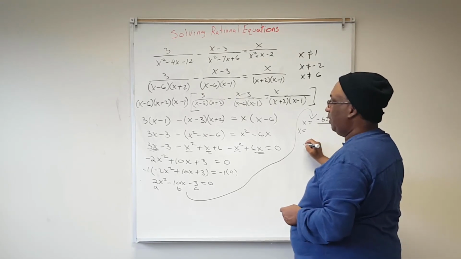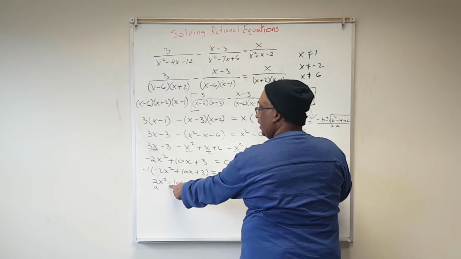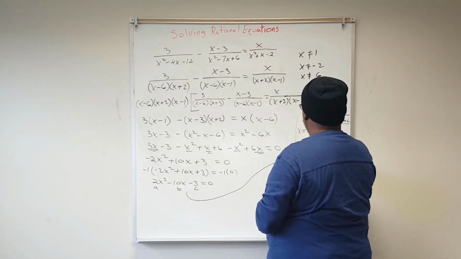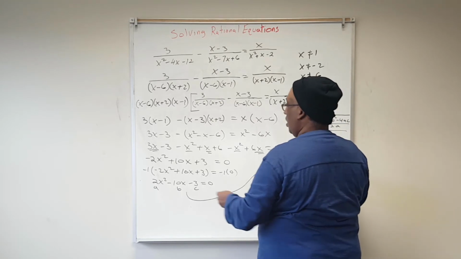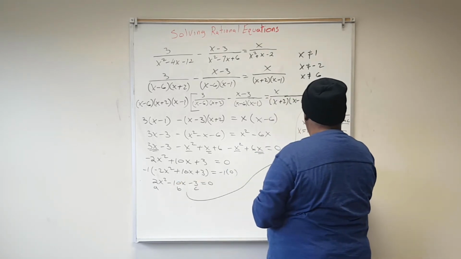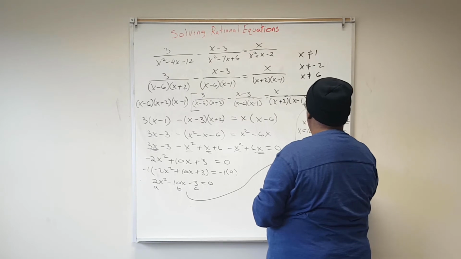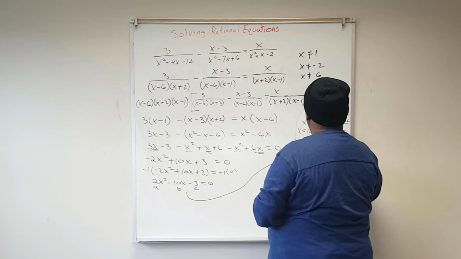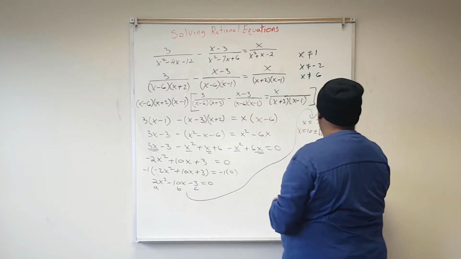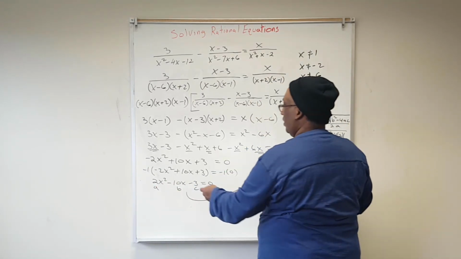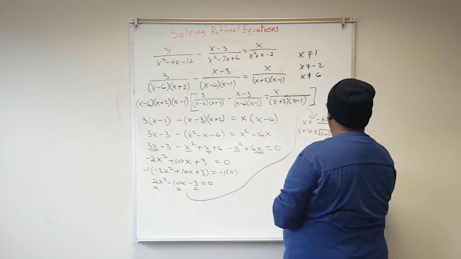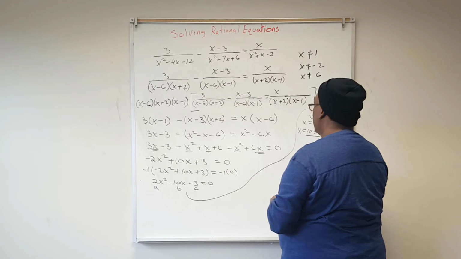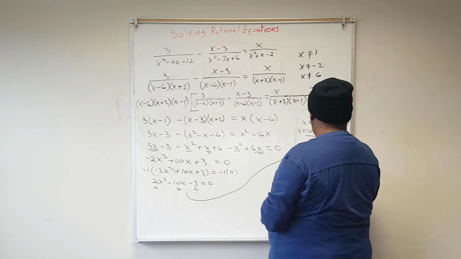So minus B is going to be a minus of negative 10, which is a positive 10, plus minus square root of negative 10 squared minus 4 times 2 times negative 3, all divided by 2 times A, which is 2.